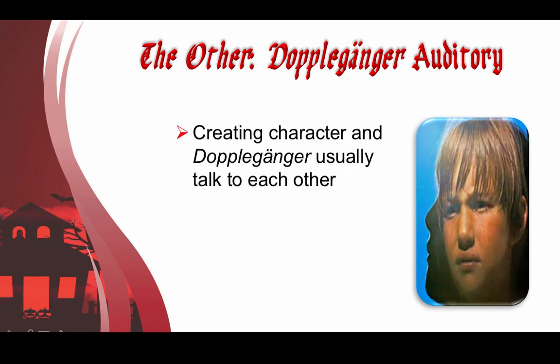Now, according to Weber, the creating character and the doppelganger usually talk to each other. But there are exceptions, of course. Mr. Hyde exists only after Dr. Jekyll drinks the potion. And at that point, Dr. Jekyll no longer exists. So, in cases like that, the two clearly can't communicate.